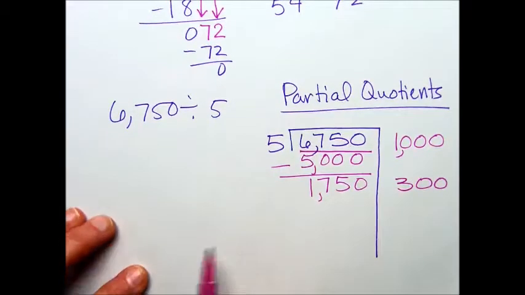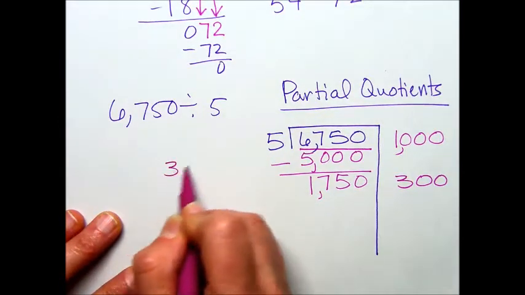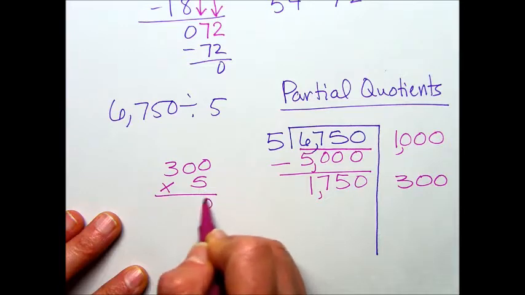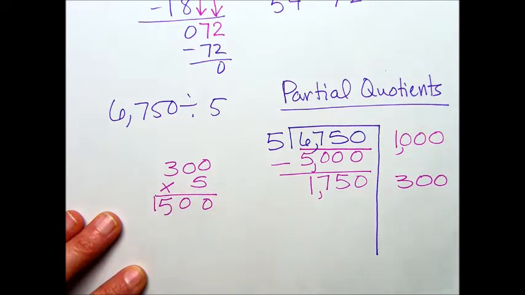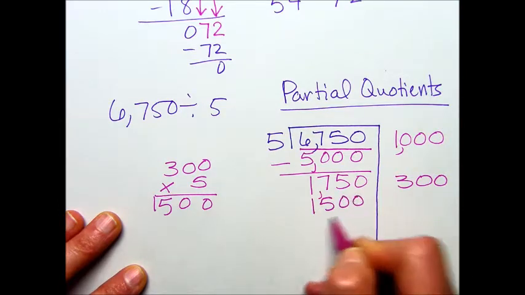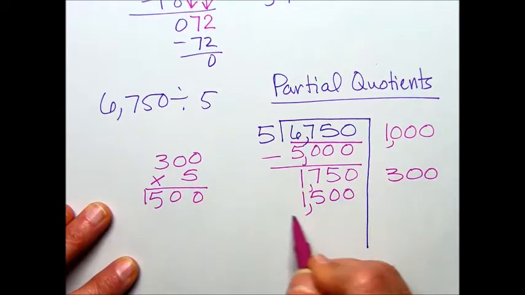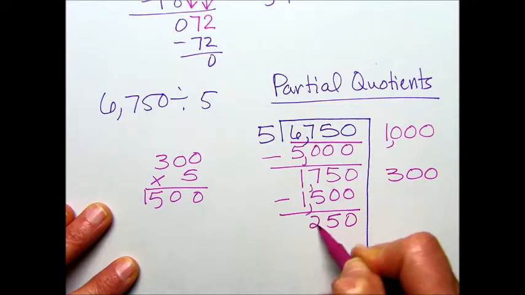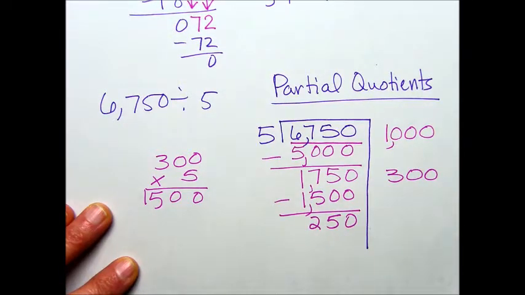And if you're not sure about that, you can take 300 times 5. That's going to be 0, 0, 15. Okay, so I'm going to then put the 1,500 here. Subtract, and I get 250.